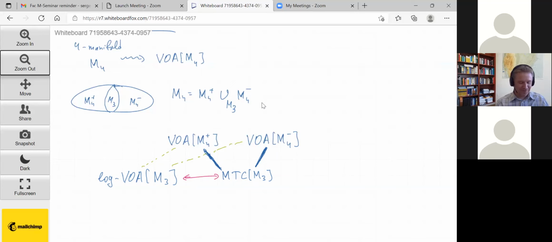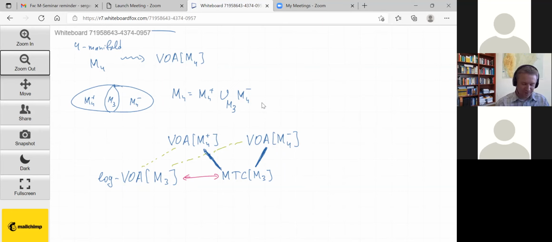There is some discussion of it in the paper called 3D modularity. So it's again related to that conjecture above, and the MTC of M3, the way it appears on this.